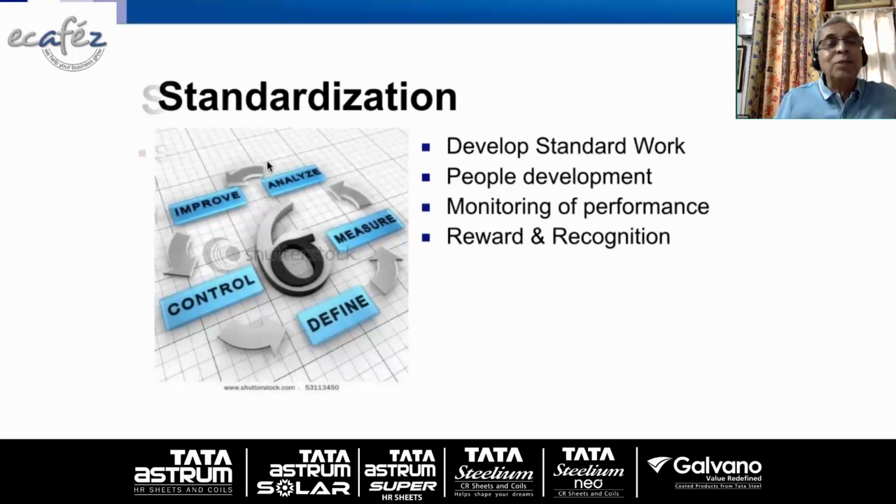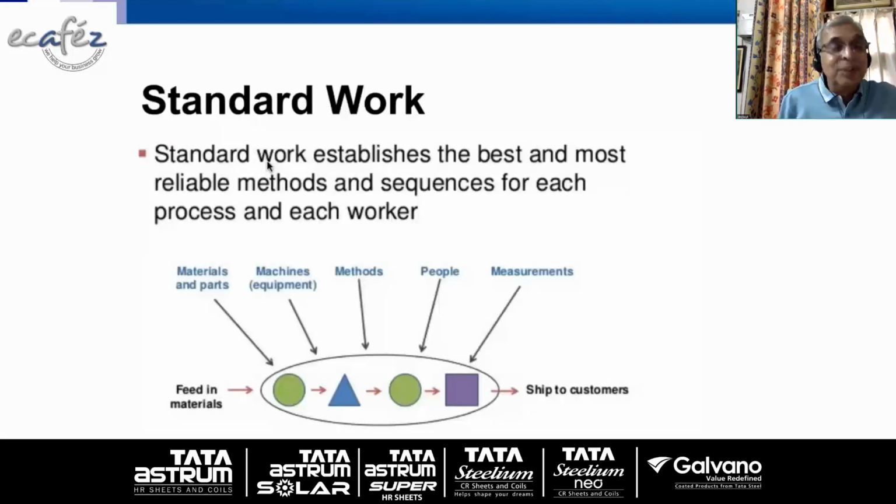So standard work is one of the very powerful lean tools. It specifies the exact sequence of every activity and the cycle time for every activity. And third is the maximum inventory at each station.